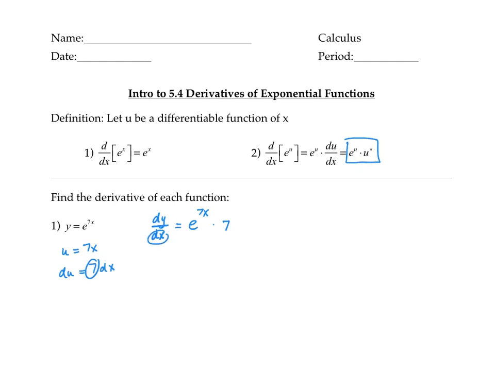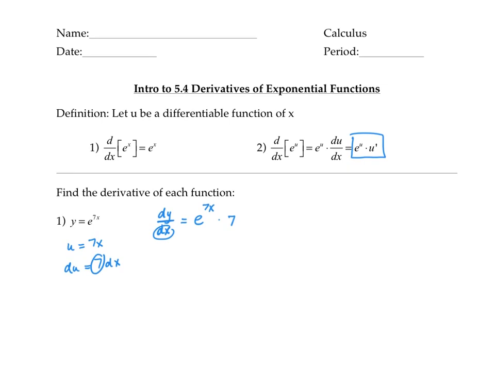Okay, we can write our final answer as dy over dx equals e to the 7x times 7, but we're going to put that 7 out in front. So final answer is 7e to the 7x.